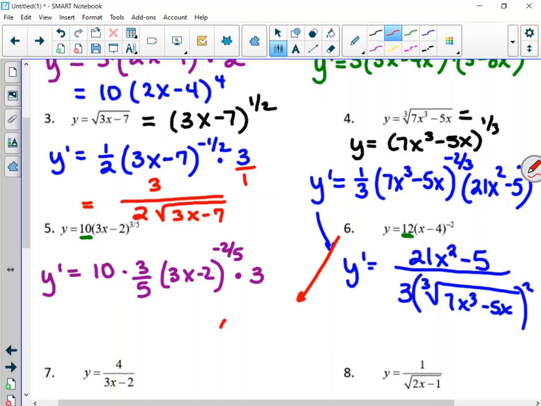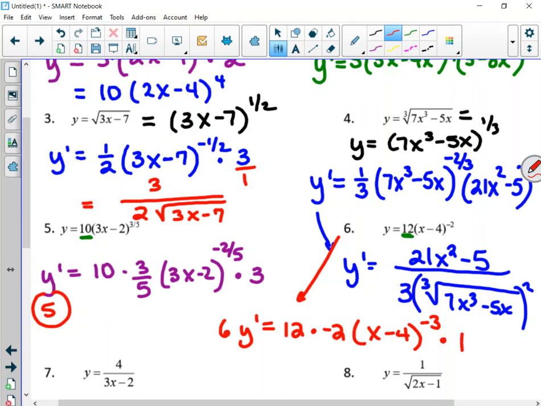I'm going to squish number 6 over here. So this is number 5. So number 6, I would have the 12 and the negative 2 and the x minus 4 to a negative 3 times a 1.